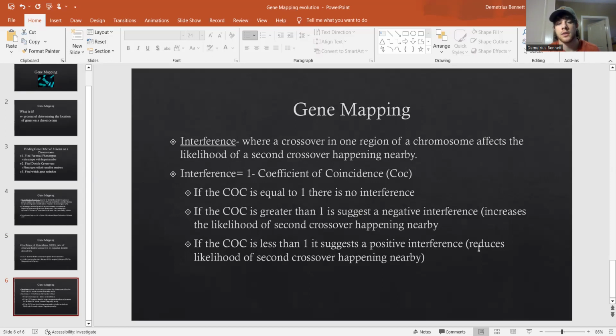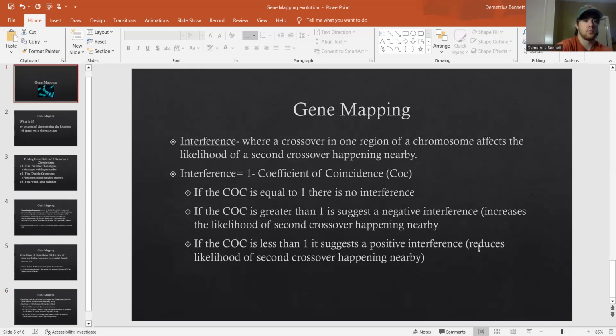Ours is not greater than 1, so that's also not happening in our population. But if the coefficient of coincidence is less than 1, it suggests a positive interference. That's what we have in this population, and that reduces the likelihood of a second crossover happening nearby. And so that's how you find that interference.